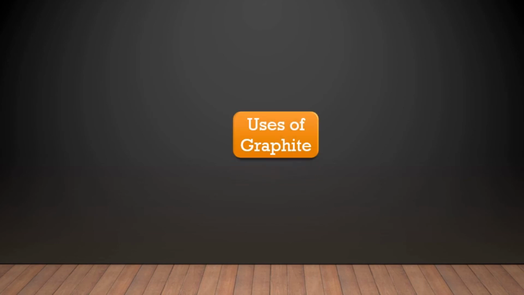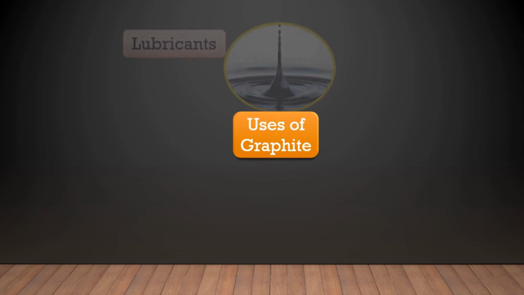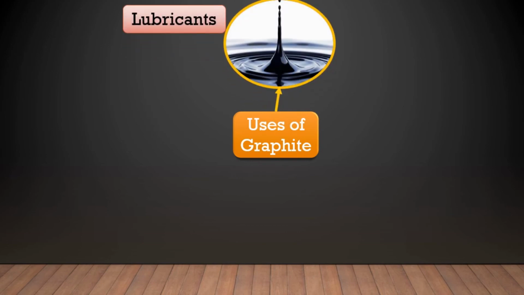Let us discuss various uses of graphite. Graphite is used as lubricant. The layers in graphite can slide over each other because the forces between them are weak. This makes graphite slippery, so it is useful as a lubricant.